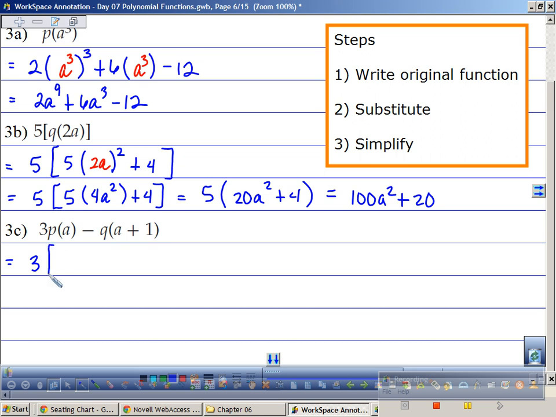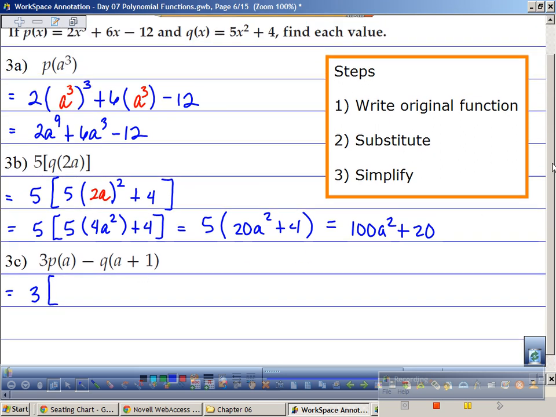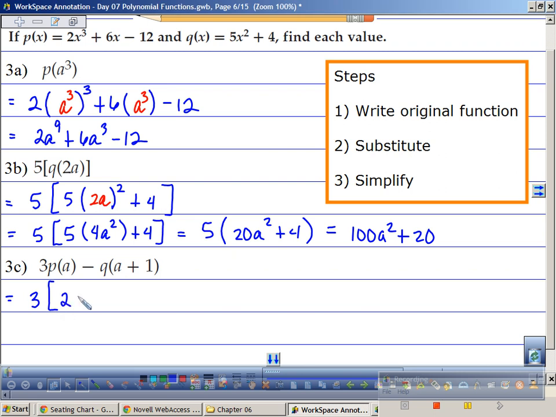Well, what do the pizza machines look like? I believe they were 2 times the quantity of x cubed plus 6 times the quantity minus 12. And take all that and subtract my quarter machine.